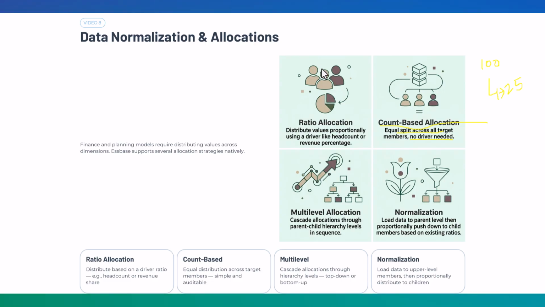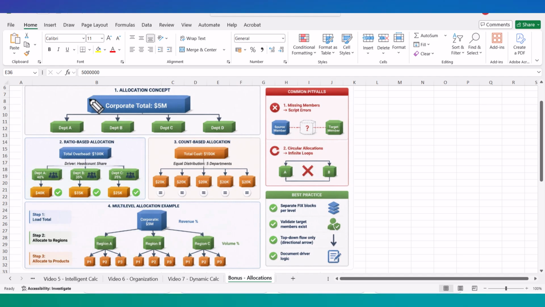Let's take an example. So we have a corporate level where the CFO provides a total marketing budget of $5 million. The requirement is you need to allocate to the regions based on the revenue share. These are the regions, and the $5 million needs to get allocated to them based on the revenue ratio, or the revenue percentage, or the revenue share.